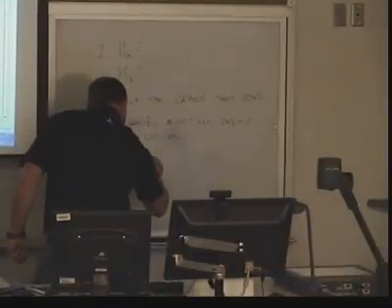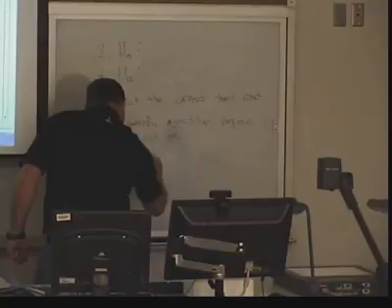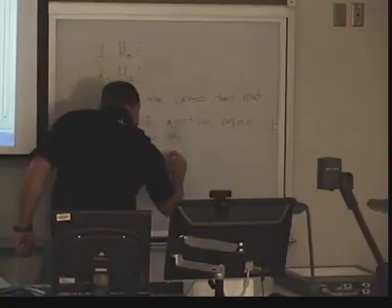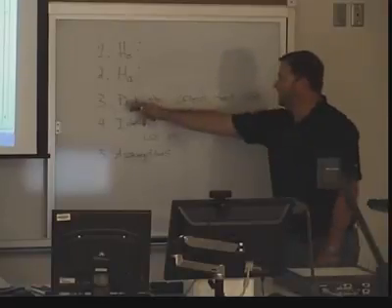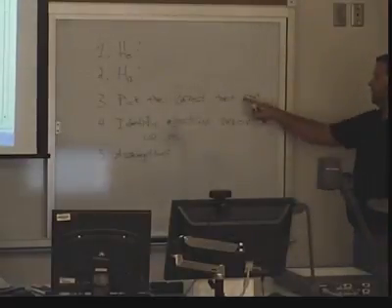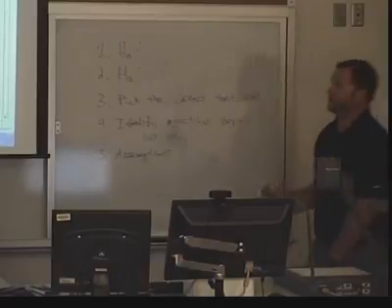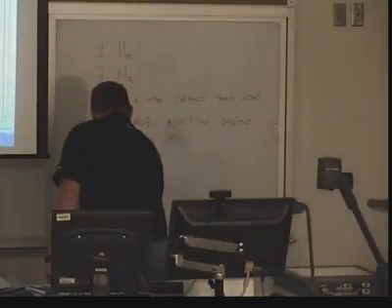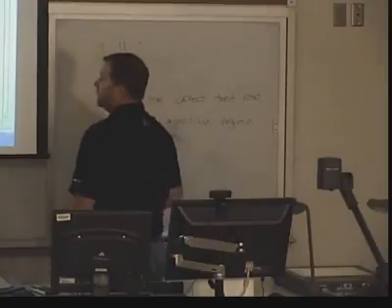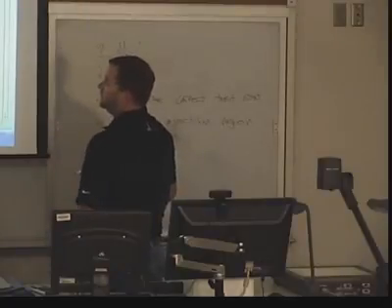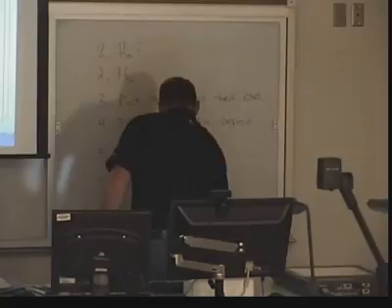So number 5 is assumptions. Then number 6, we actually calculate number 3. So number 6 is calculate the test statistic.